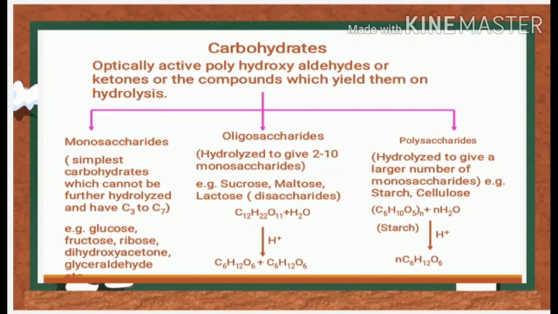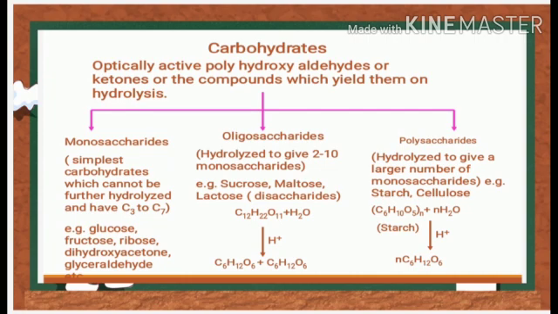The first one is monosaccharide, the second one is oligosaccharide, and the last one is polysaccharide. Monosaccharides are the simplest carbohydrates which can't be hydrolyzed to smaller molecules. Therefore, they represent the simplest single carbohydrate units. The common examples are ribose, glucose, fructose, etc.